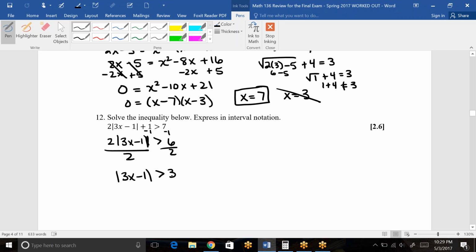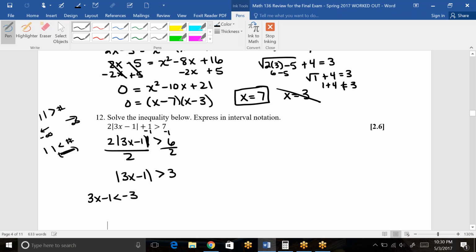So for us, since this is positive, we have two cases. When you're dealing with a greater than and an absolute value and a number on the other side, you go towards negative infinity and towards positive infinity with your solution. If you have an absolute value and a less than and a positive number, you stay between two values, so you go in the middle. So for us, we're going to do two different cases. It's 3x minus 1 is less than -3.